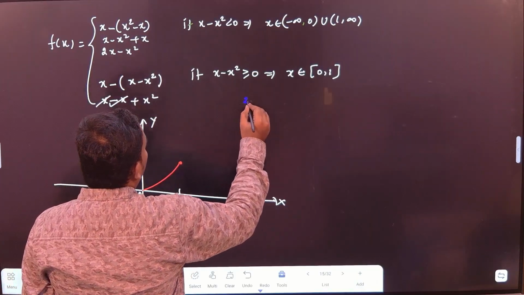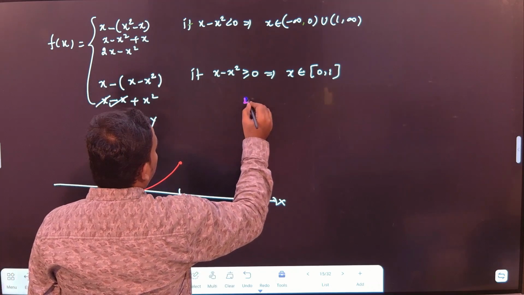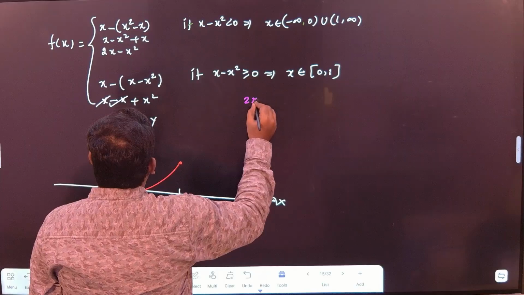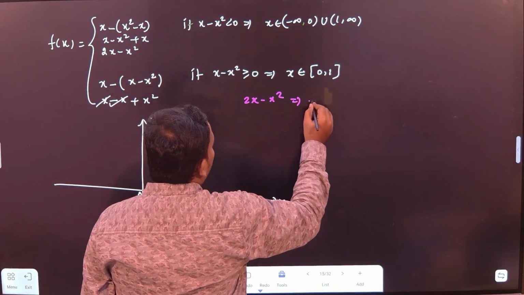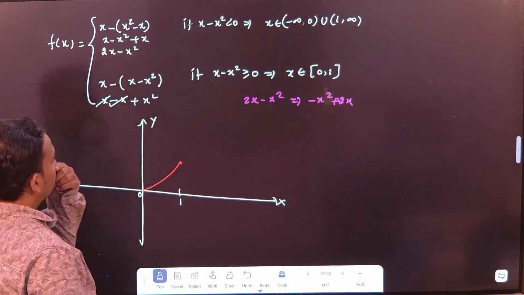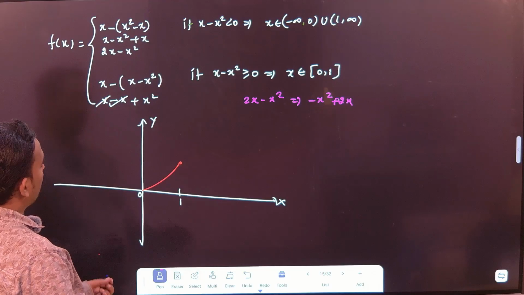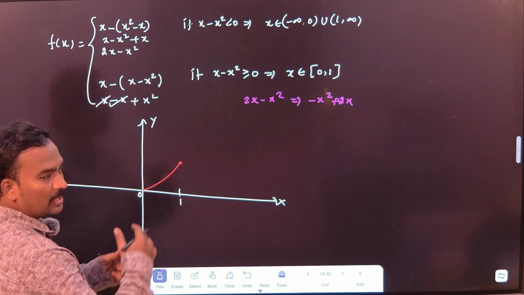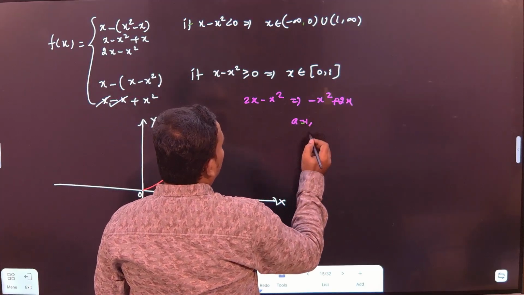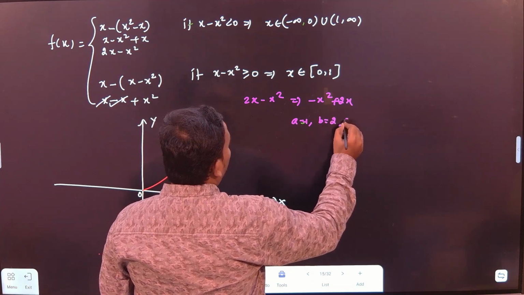Okay, next, the second one: 2x minus x square. You can see it's the same as minus x square plus 2x. 0 is included, it is passing through 0. It's a downward parabola, right? What is the vertex of this? A is equal to minus 1, B is equal to plus 2, C is 0.